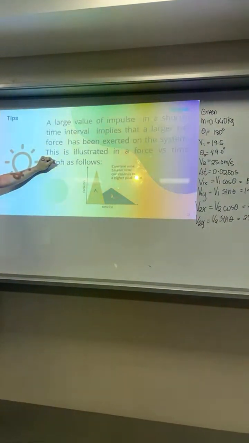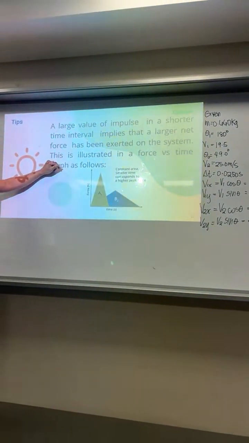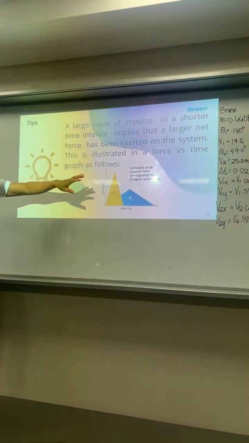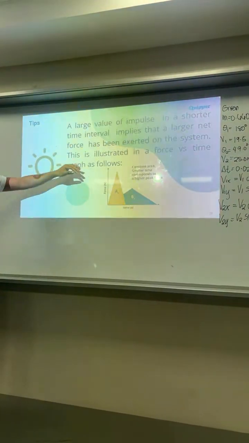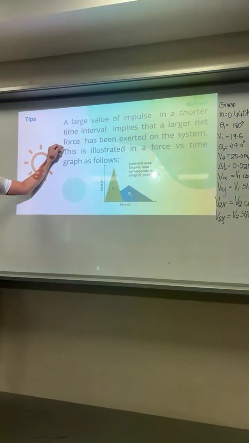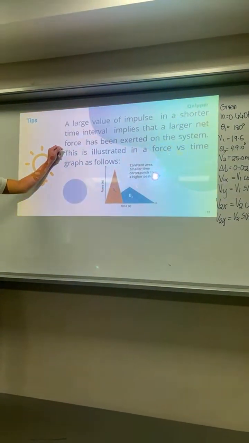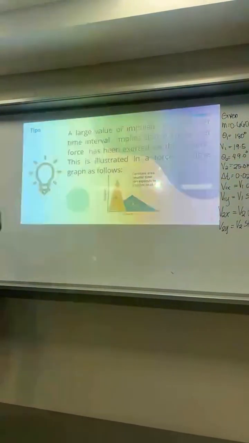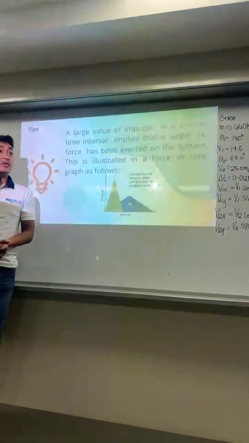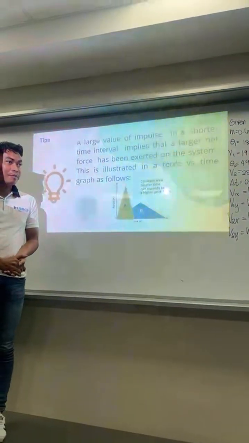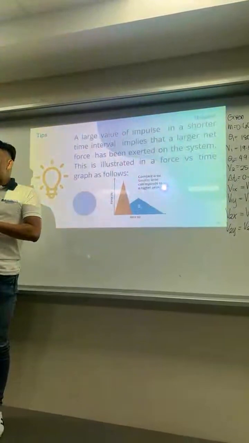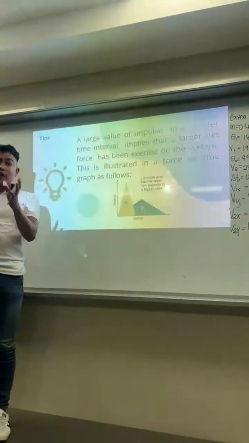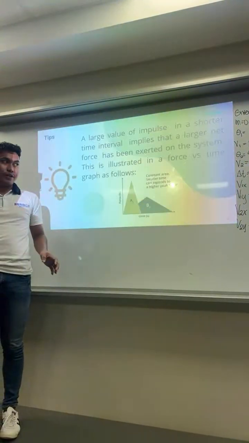If the time is short, the force is high. If the length of time is longer, the force is smaller. What kind of relationship is that? Inverse. So in this equation, the force versus time graph has an inverse relationship. The formula is 1/2 times the peak point of the force times the change in time, the time elapsed.